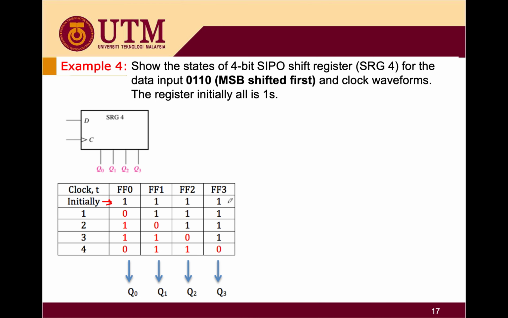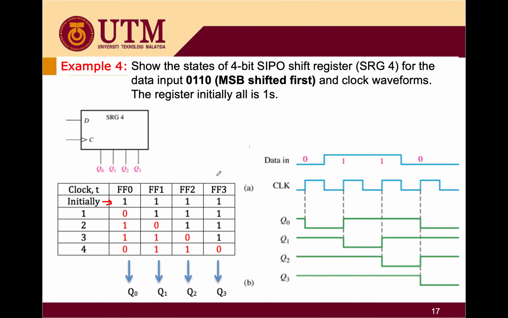Sometimes normally in our previous example it is low, or 0, but this one is initially high, so you can see like that. After that you need to see what will happen, because this is the input and this is the clock, and what basically happens using the flip-flop. Is it toggle or similar?